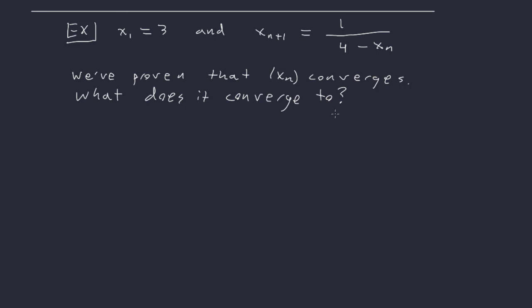Okay, and we can figure that out as well. The first thing I want to mention is, so I'll star this, if xn converges to L, then xn plus 1 also converges to L.